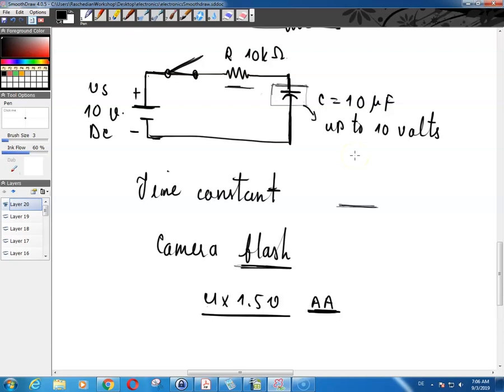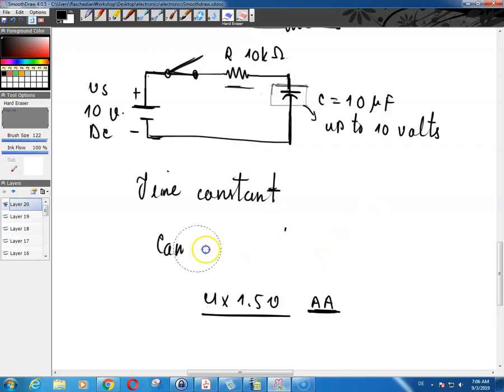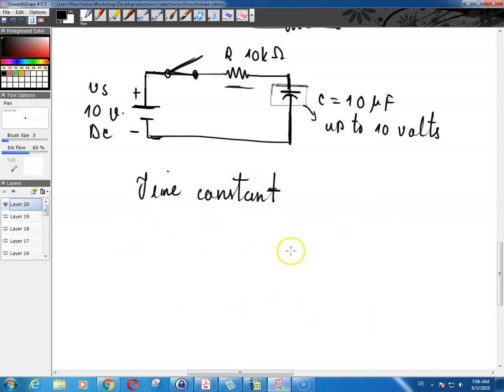Now, of course, there is something called the time constant, or tau, of a circuit.